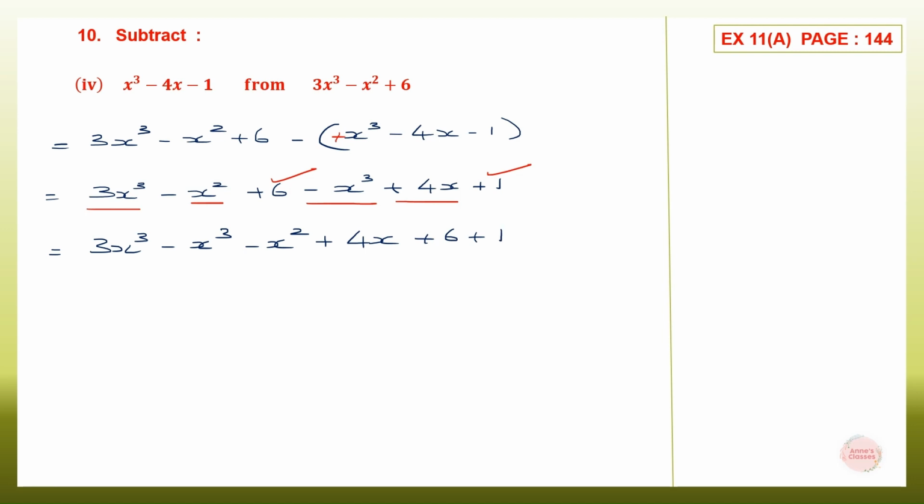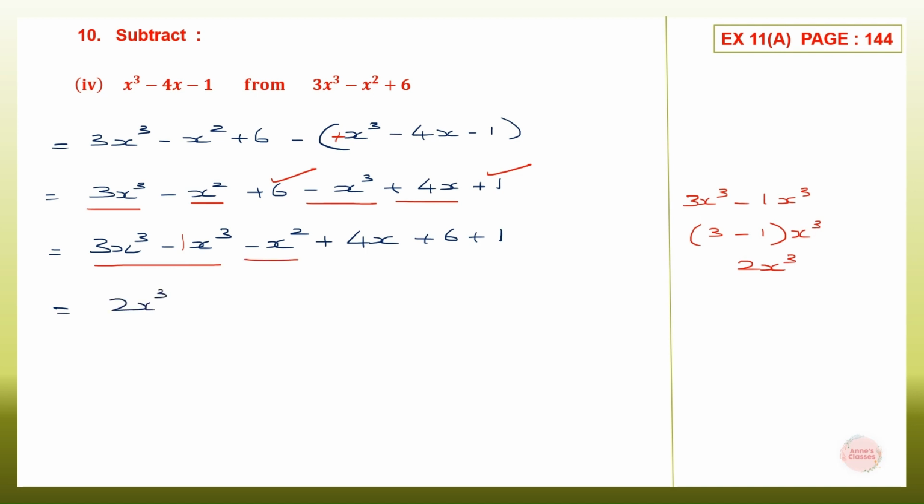Now let's work on all these like terms. Here we have 3x cubed minus x cubed. That is 1. So that is 3x cubed minus 1x cubed. If you take the numbers, 3 minus 1 is 2. So that's 2x cubed. Now go to the next one.